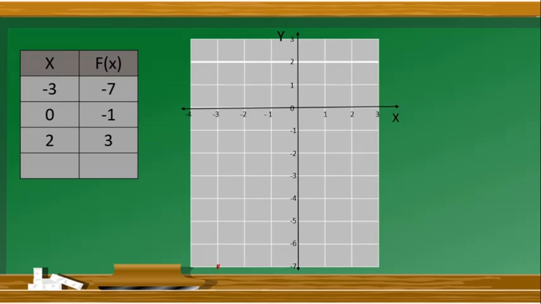This one. If the value of x is 0, this point, then the value of y is negative 1. So here it is. When the value of x is 2, the value of y or our f of x is 3. So there.